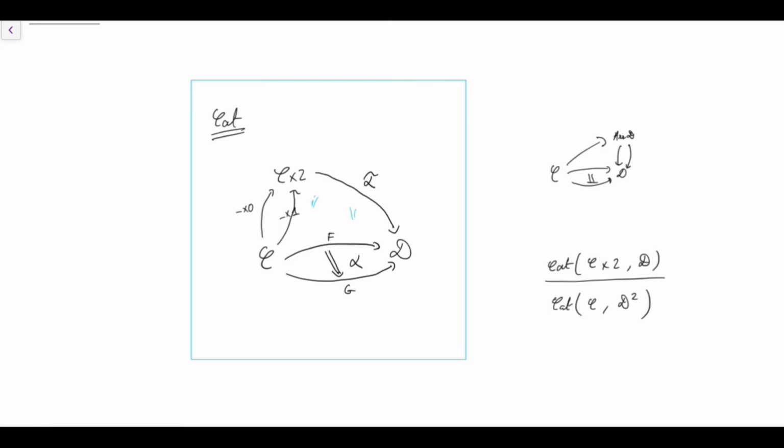And this is not surprising, because Cat not only has products, so it's Cartesian, but it's also a closed category, which means that we have this adjunction between the set of functors from C cross 2 to D, and the set of functors from C to the functor category D power 2. And D power 2 is equivalent to the arrow category.